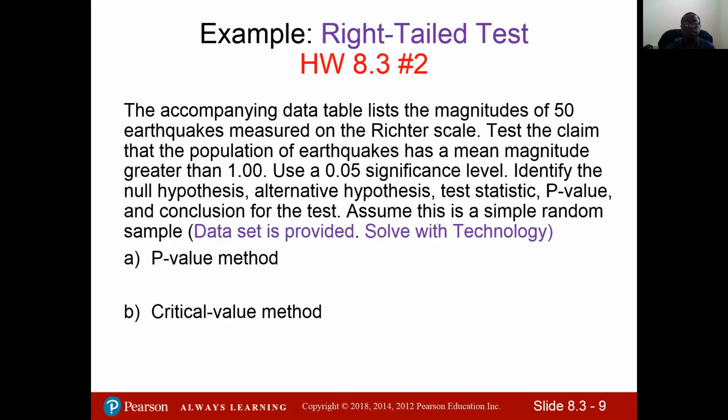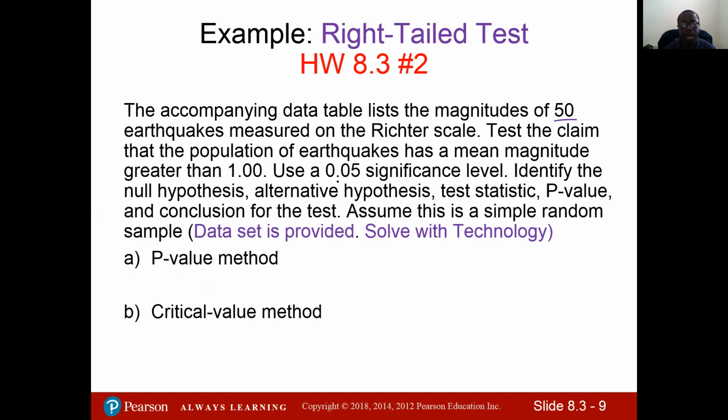All right. Now let's take other examples. This is homework 2, and it comes with data. We're going to do it using the p-value method and the critical value method, but I'll start the process here. My n is 50.